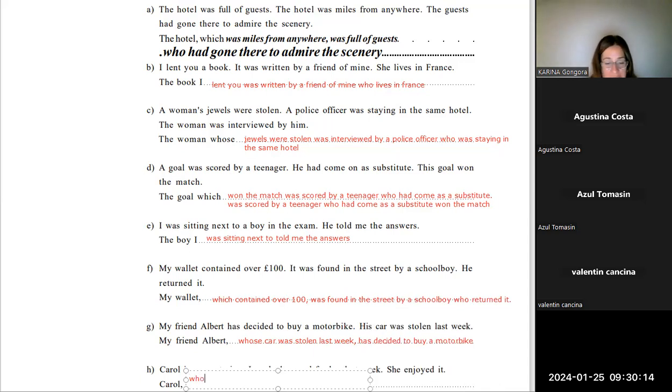Carol, who is a vegetarian, enjoyed, no, wait a second, we need the comma here. So, enjoyed a meal I cooked for her last week. There you go.